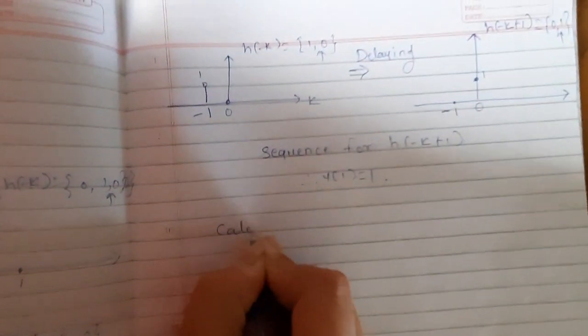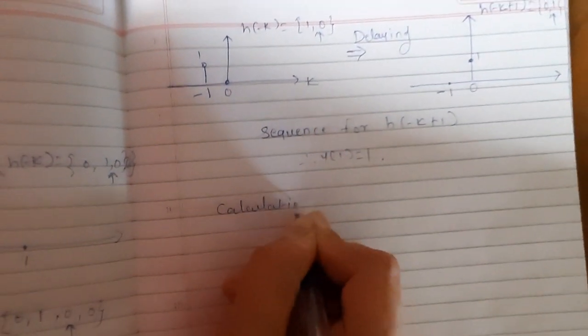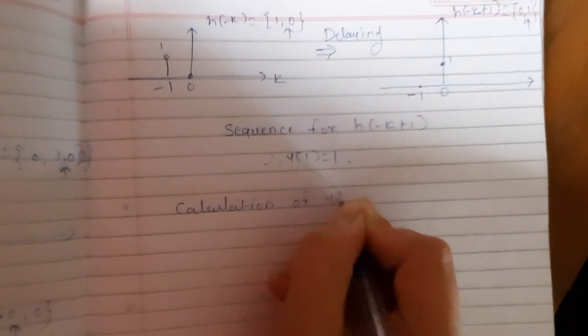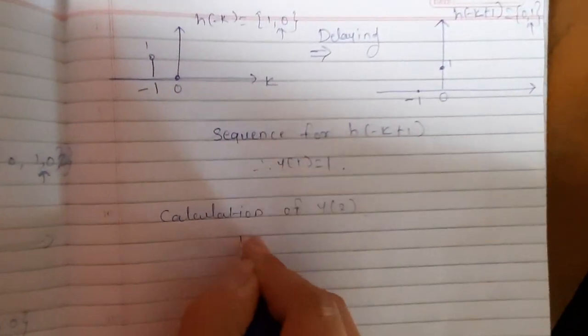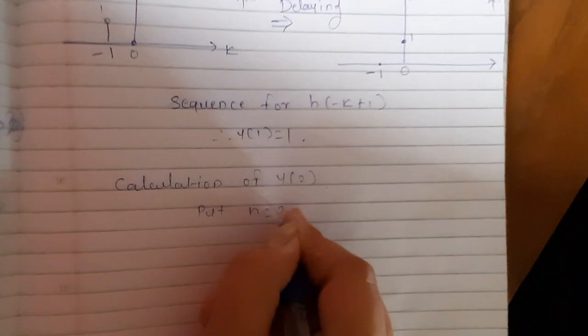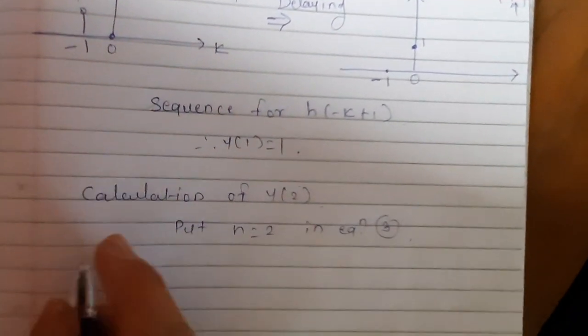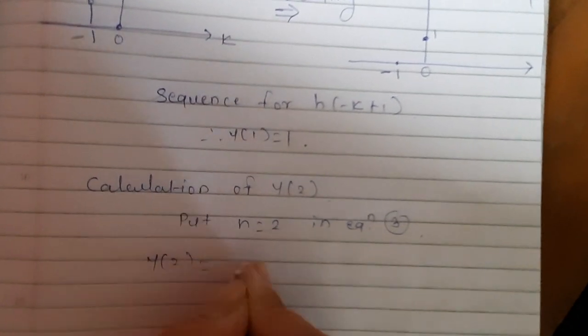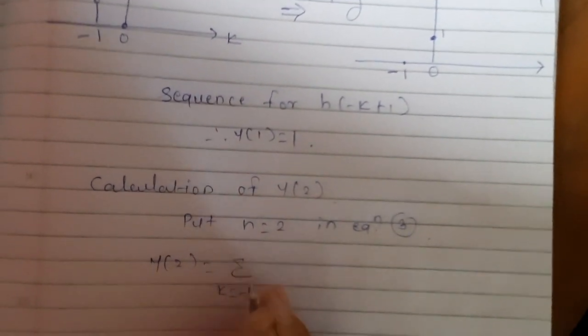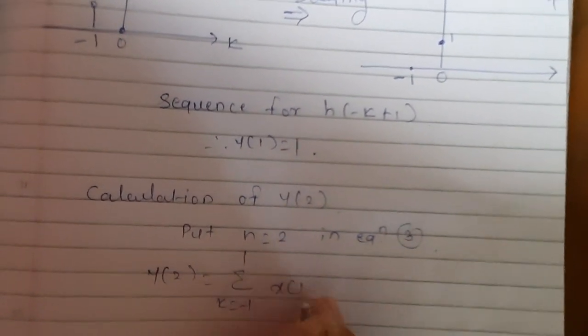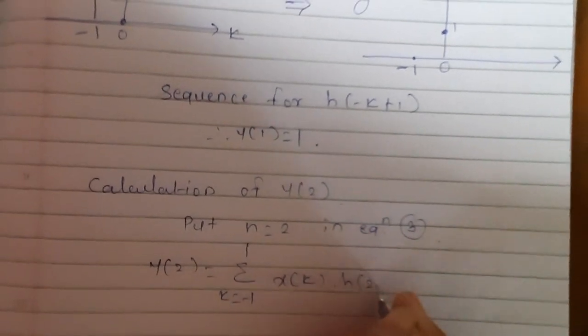Now next is calculation of y of 2. So for that put n equal to 2 in equation 3. So y of 2 is equal to summation k equal to minus 1 to 1 x of k into h of 2 minus k.